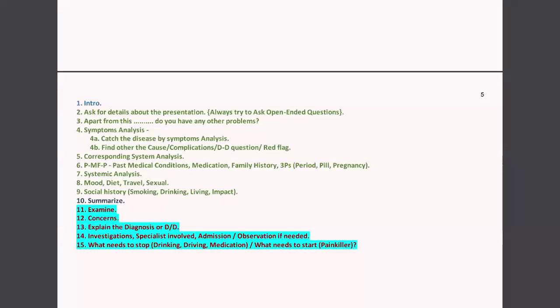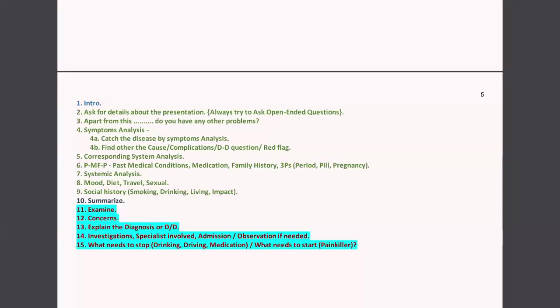Okay, so for a long clinical consultation, we have 15 minutes with the patient. Within this time, we should take the proper history, do the relevant examination, meet the patient's concern appropriately, and formulate a management plan for the patient.